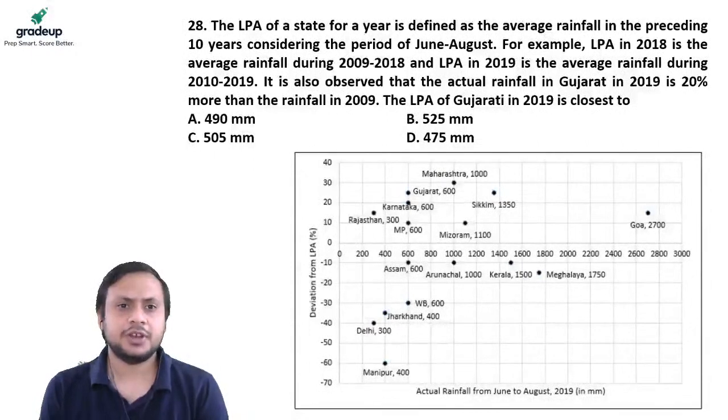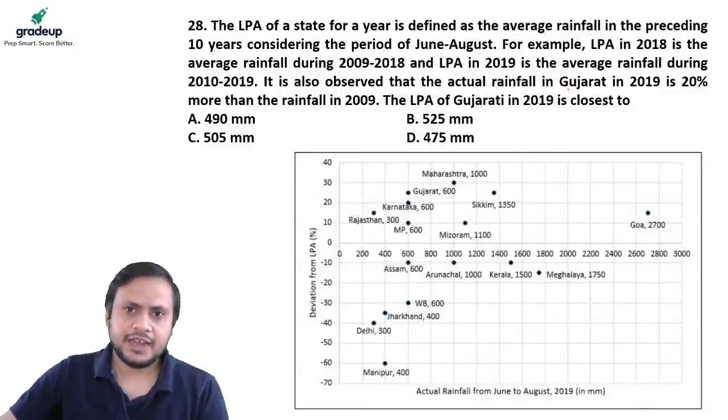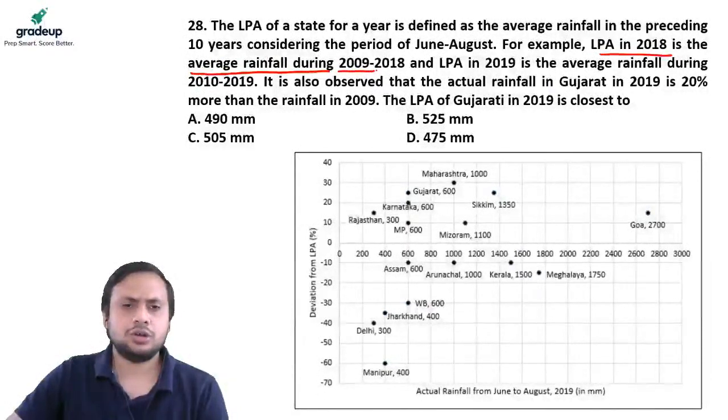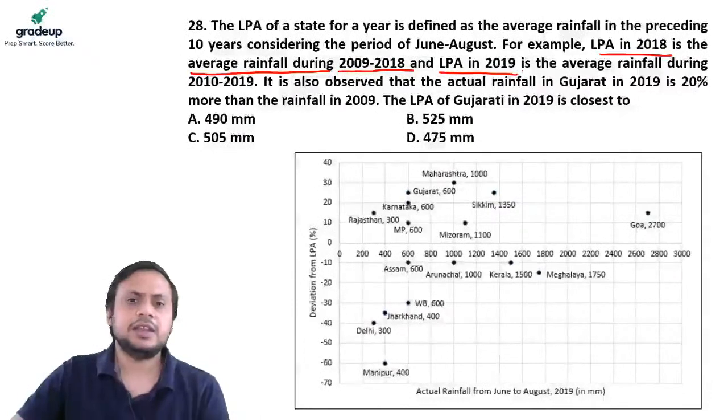So LPA of a state for a year is defined as the rainfall in the preceding 10 years. In fact, it is the preceding 9 years and that year itself. For example, LPA in 2018 is the average rainfall during 2009 to 2018, and LPA in 2019 is the average rainfall from 2010 to 2019.